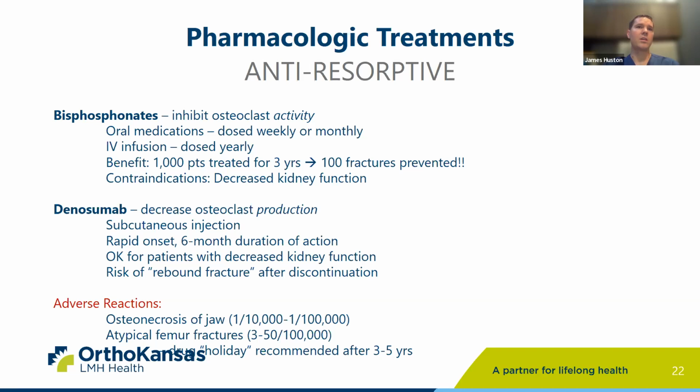It's an injection, 6-month duration of action, and the downside there is that it does have a risk of what's called a rebound fracture, meaning after that denosumab is stopped, there is a risk of the bone weakening and fracturing soon thereafter. So that's something to look out for.